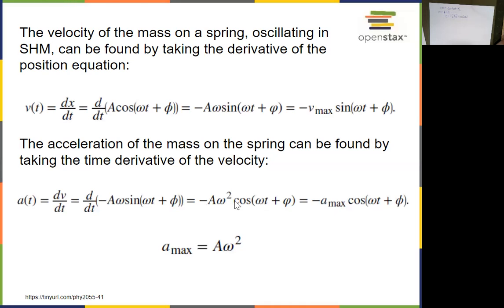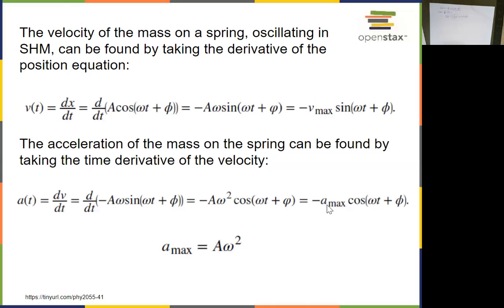So the acceleration returns to a cosine expression, like the position. If your position is a cosine function, then your velocity will be a sine function, but then your acceleration will be, again, a cosine function.